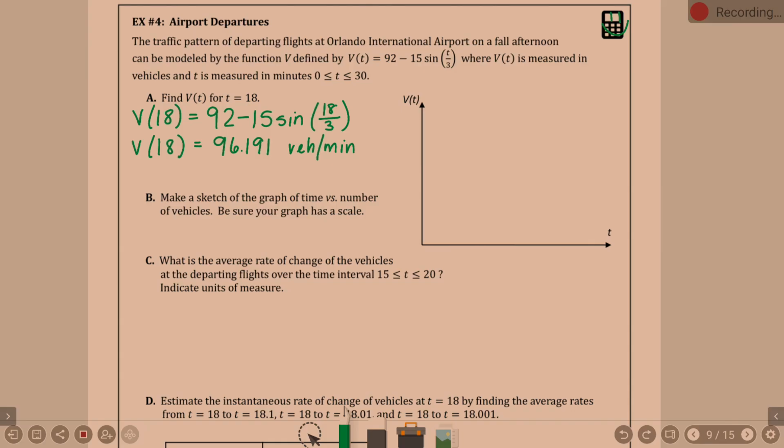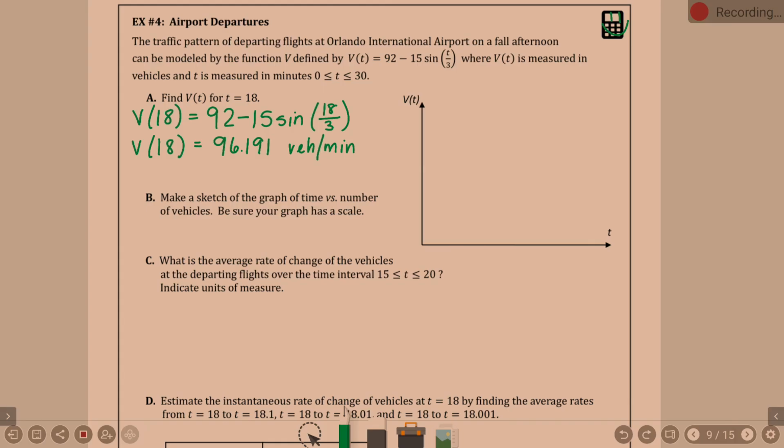Okay, part B. This is part of the reason I wanted to go over this problem, because we need to practice with this type of stuff. That might actually just be vehicles, because it wants it at 18 minutes, doesn't it?